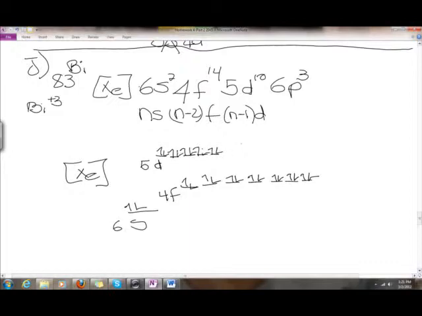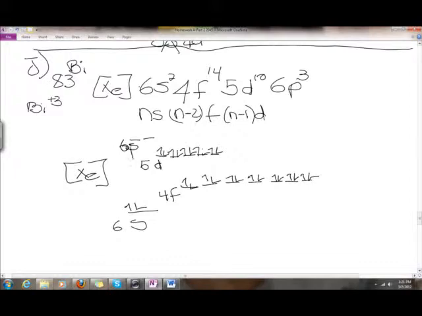And what would be the P? The reality is that you have 6s2, 6p3. But it's a post-transition metal, so we go back here to the 6p, and it should be around here. Doesn't matter where you put it as long as you put it in a higher energy level.